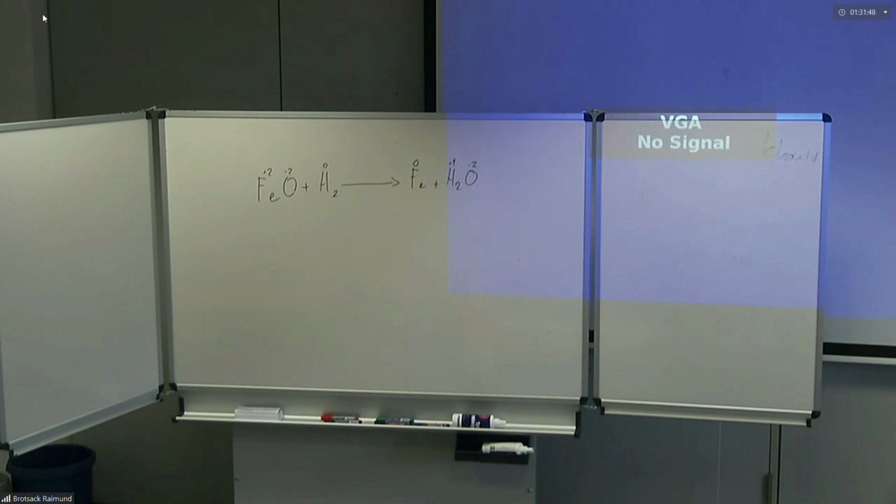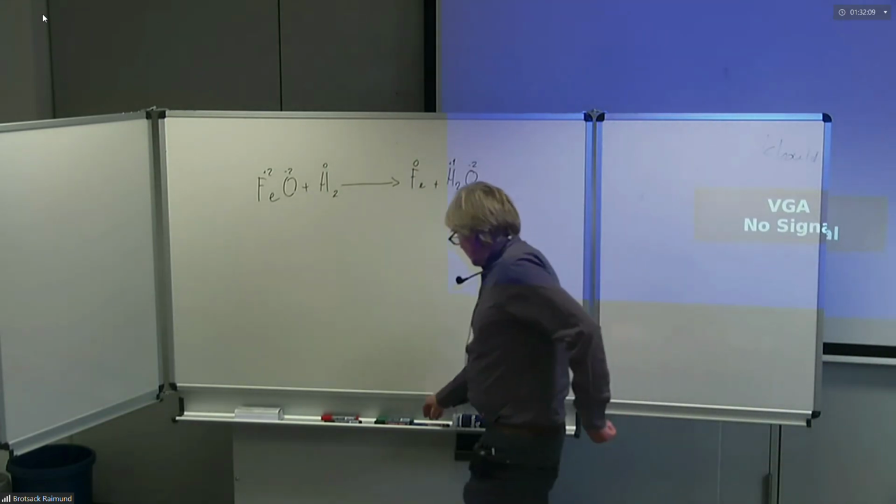But now the next question is, where should hydrogen come from? We already talked about it. What is the idea to create green hydrogen? Electrolysis of water, exactly. We split water into hydrogen and oxygen.